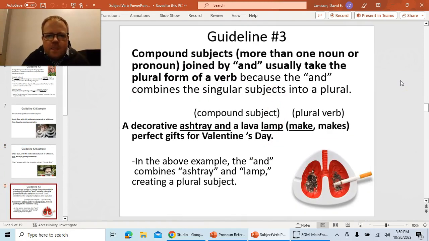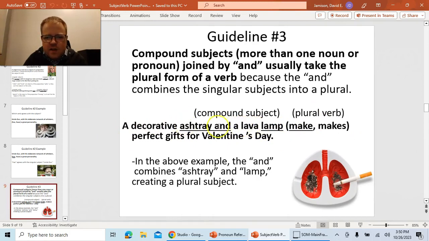Number 3. Compound subjects, more than one noun or pronoun joined by and, usually take the plural form of the verb, because and combines singular nouns into plural ones. So, a decorative ashtray and a lava lamp make perfect gifts for Valentine's Day.